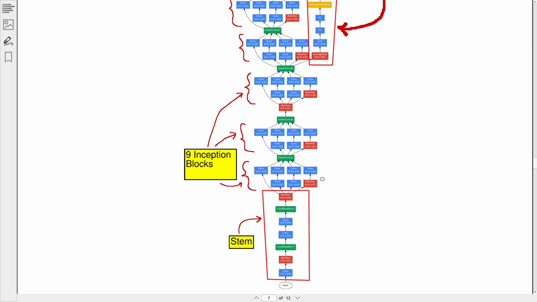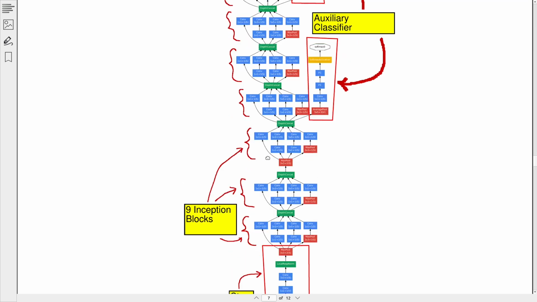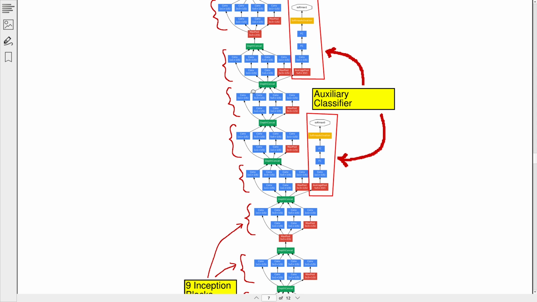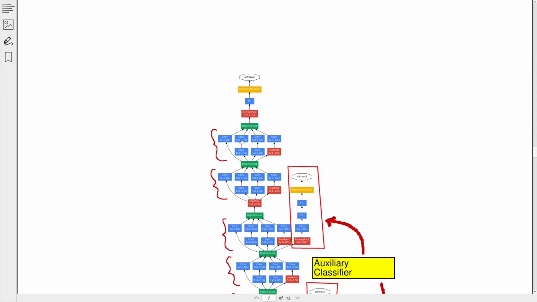So the inception layer is these wider regions where parallel convolutions will go on with 1 by 1 filter size, 3 by 3 filter size, and 5 by 5 filter size, and also max pool. So I have a total of 9 blocks. You can count them like this: 1, 2, 3, 4, 5, 6, 7, 8, 9 blocks.